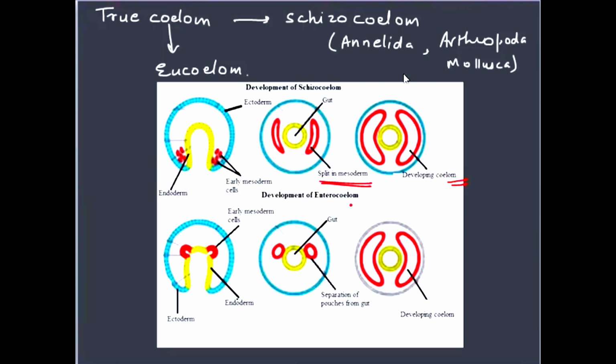While in enterocoelomates or eucoelomates, you have the gut which is separating. So the coelom is separating out from the gut pouches. Okay, here it is separating out from the pouch of gut. Just take a moment and try to understand this, and then we'll start with the echinodermata.